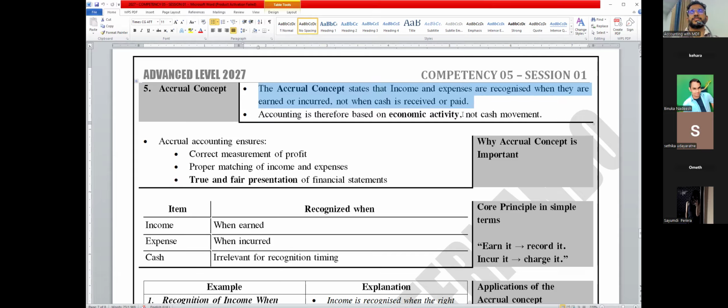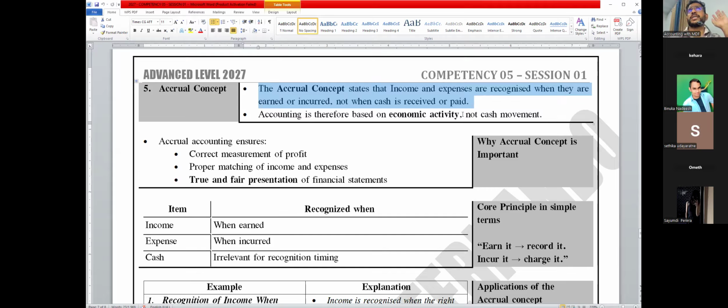It means you have to recognize income when that income is earned. You have to recognize an expense when that expense is incurred. Not when the income is received in cash or when the expense is paid in cash. When it is relevant, recognize it as an income or expense.